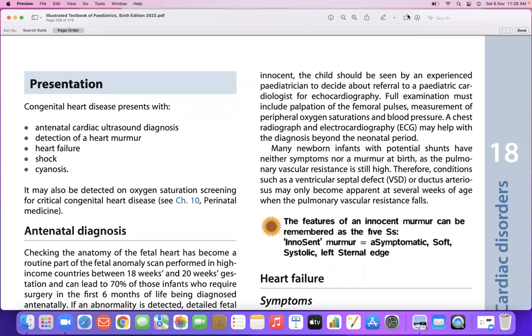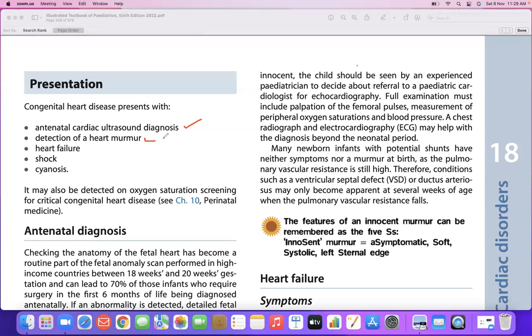The mother can tell you the history that yes, scanning was done, and before delivery we were alarmed that my child has so and so, so we will deliver the child in a tertiary cardiac center. So one is the antenatal cardiac ultrasound diagnosis.